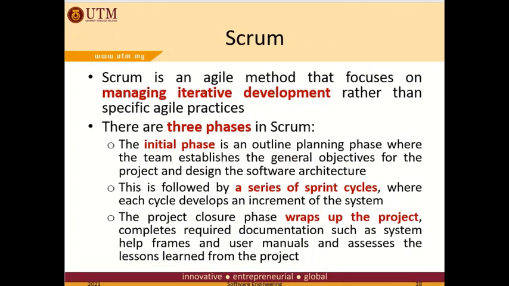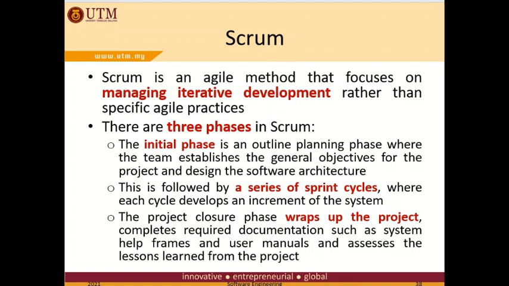To address previous issues, the Scrum Agile method was developed to provide a framework for organizing agile projects and provide external visibility of what is going on. Scrum is an agile method so far as it follows the principles from the Agile Manifesto.